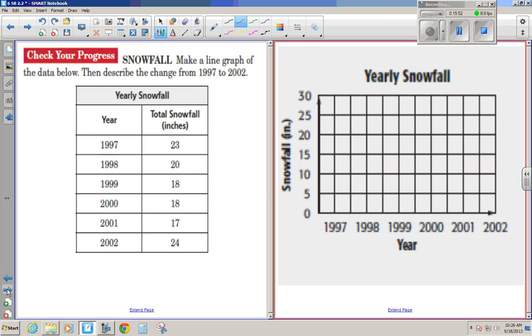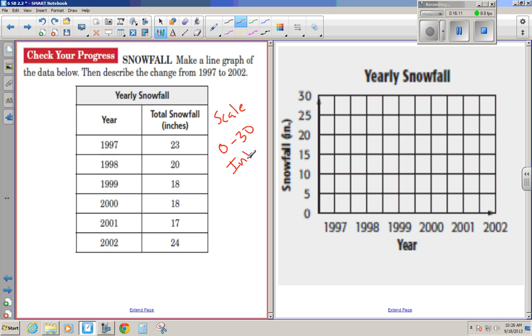So make a line graph of the data below. All right, well, let's look at this data. And the graph's already made for us. So you should say that the scale for the vertical is 0 to 30 with the interval of 5.